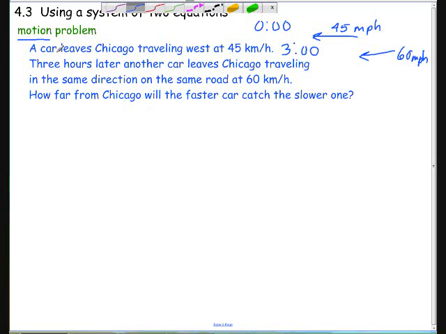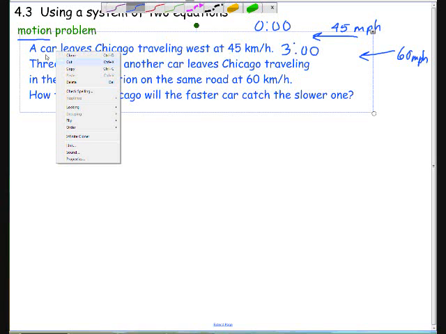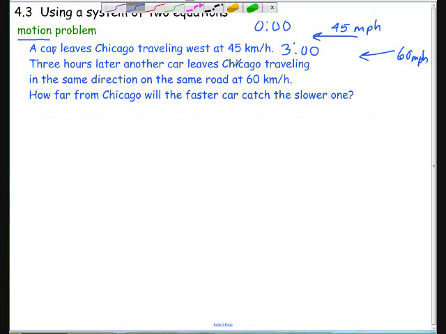So if I call this car 1 and this car 2, here we're talking about the rate for 1 equals this, and the rate for 2 equals this.